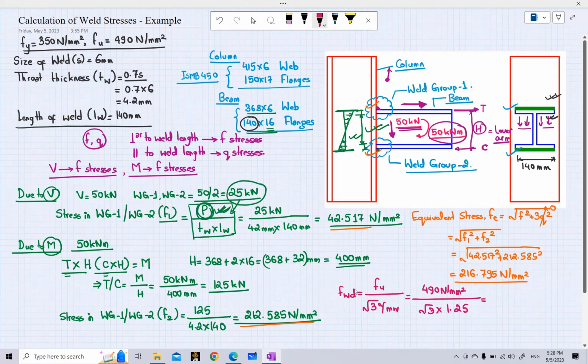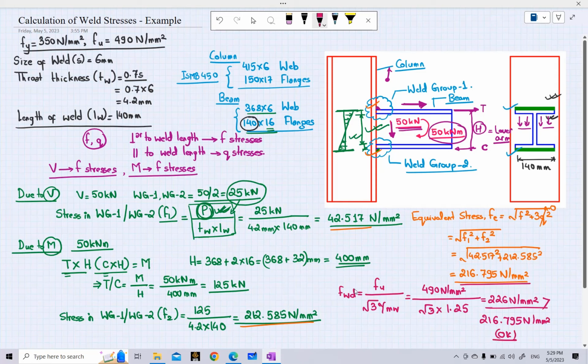So you will get the value to be 226 Newton per millimeter square. If you compare the permissible value of the stress and the actual value of the stress, you can see that the permissible value is greater than the equivalent stress that is acting on our weld. So the design of this weld is okay.